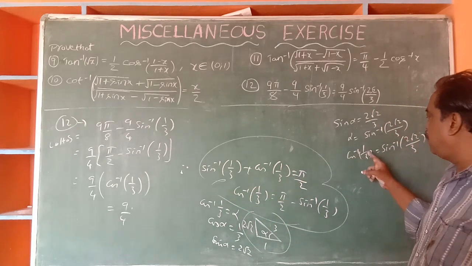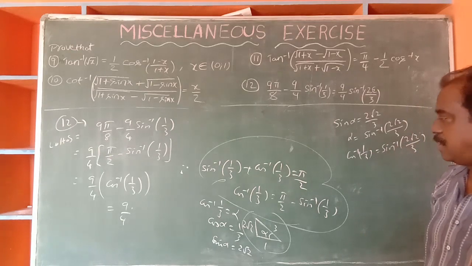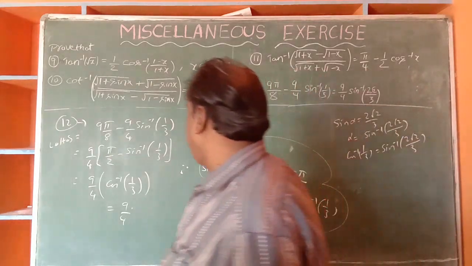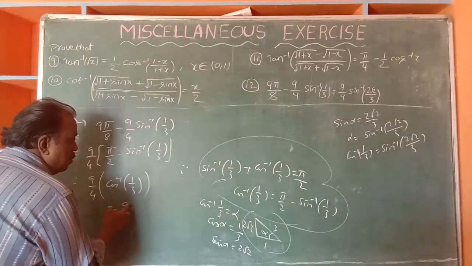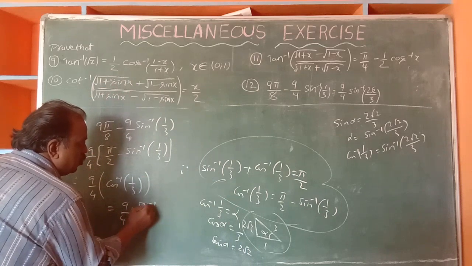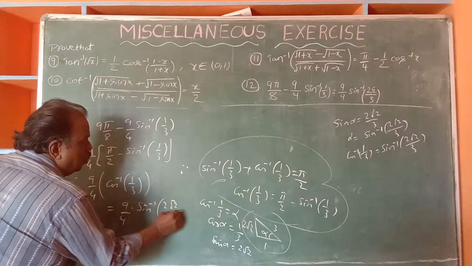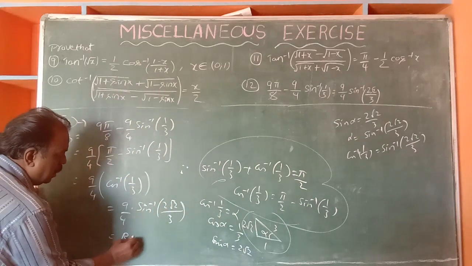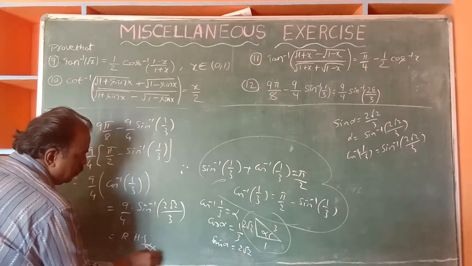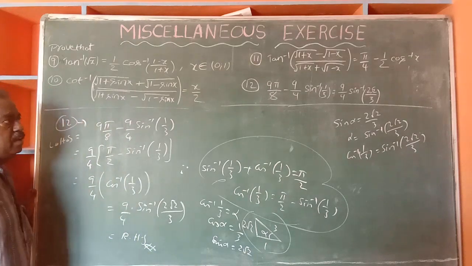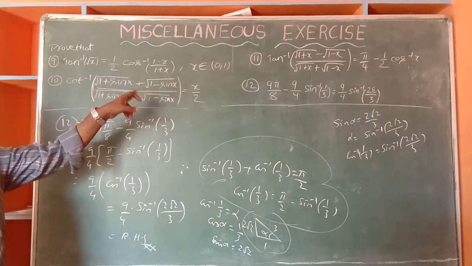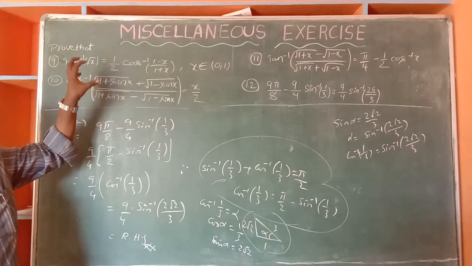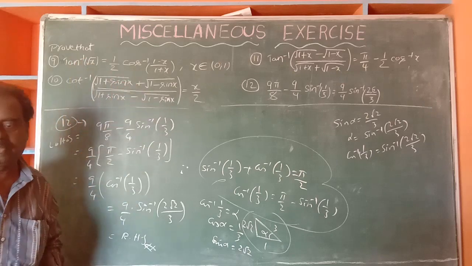Instead of writing cos⁻¹(1/3), it is sin⁻¹(2√2/3). So I am writing here sin⁻¹(2√2/3). So it is the RHS. Is it clear? It is an important problem. These problems are important. Try to learn it.